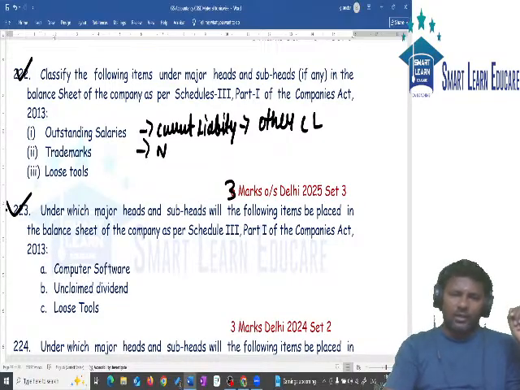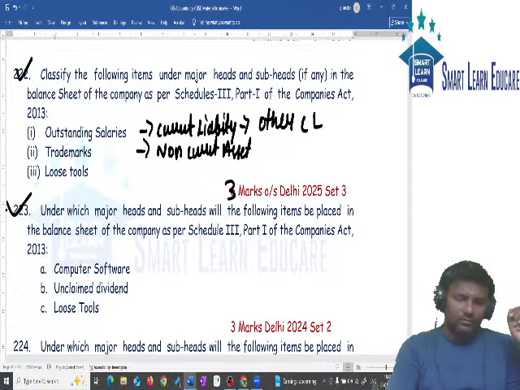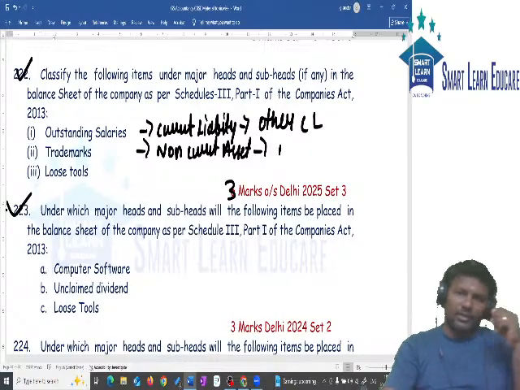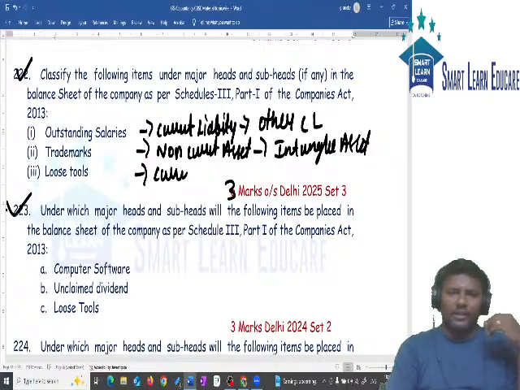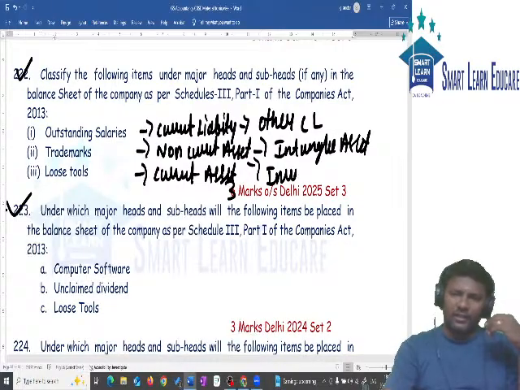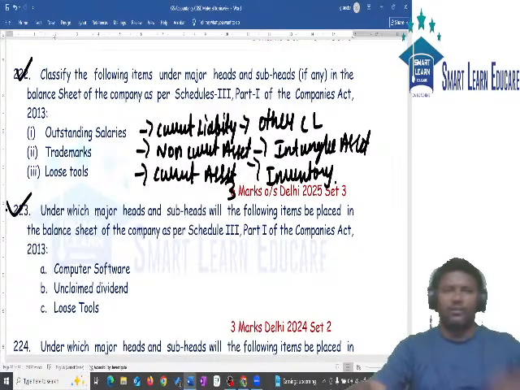Trademark will come under non-current asset, under intangible asset. Loose tools will come under current asset. Under current asset, it will come under inventory.